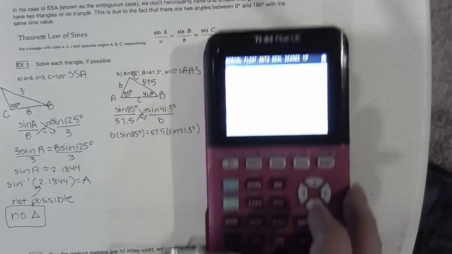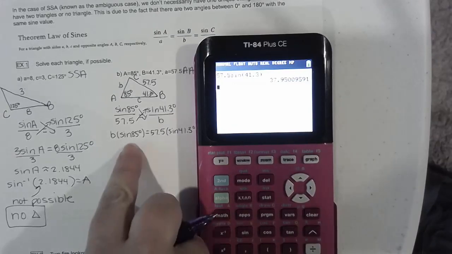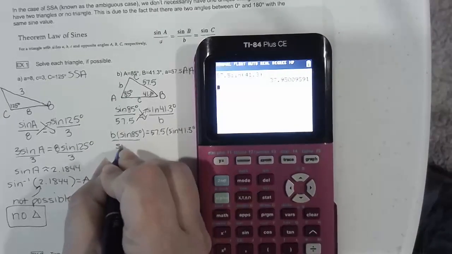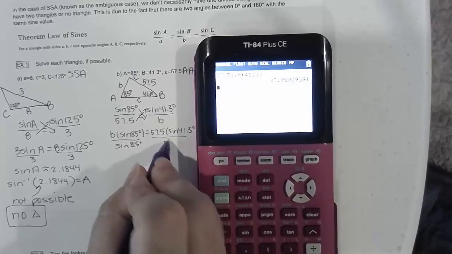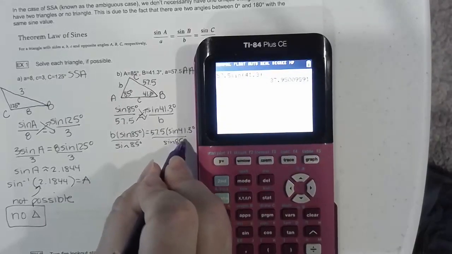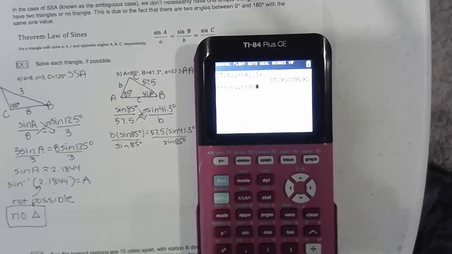And then I'm going to get out my calculator. 57.5 times the sine of 41.3 degrees gives me this. And I'm going to divide on both sides by the sine of 85 degrees. So divided by sine of 85 degrees.